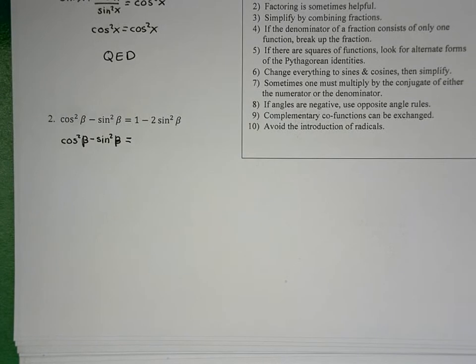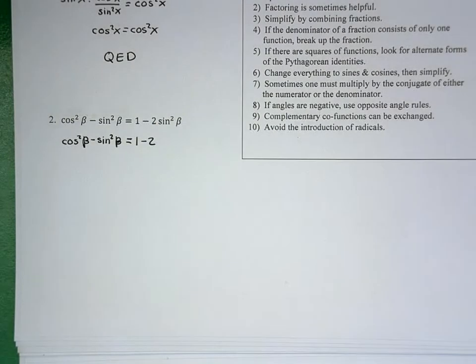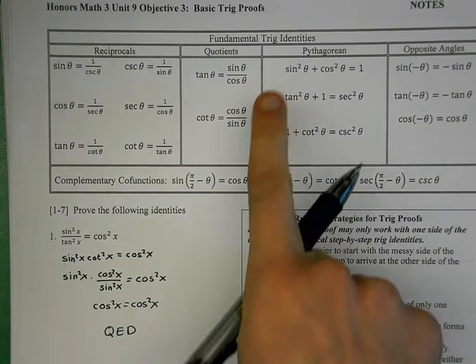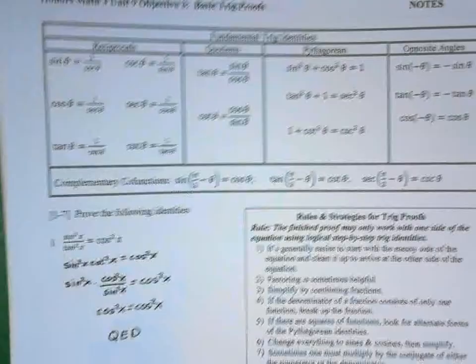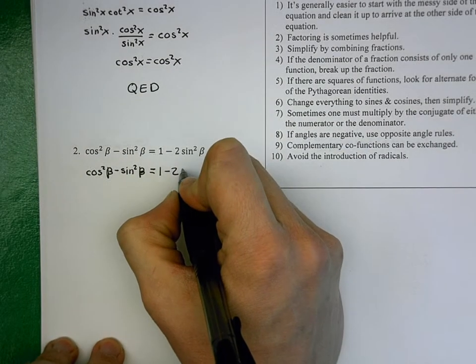Okay, well, I see that sine squared. I don't really know what to do with the 1 and the minus 2, but sine squared, I know something I could put into sine squared. What could we put into sine squared? Okay, well, our Pythagorean identities tell us that sine squared equals 1 minus cosine squared. And so let me go ahead and put in 1 minus cosine squared.